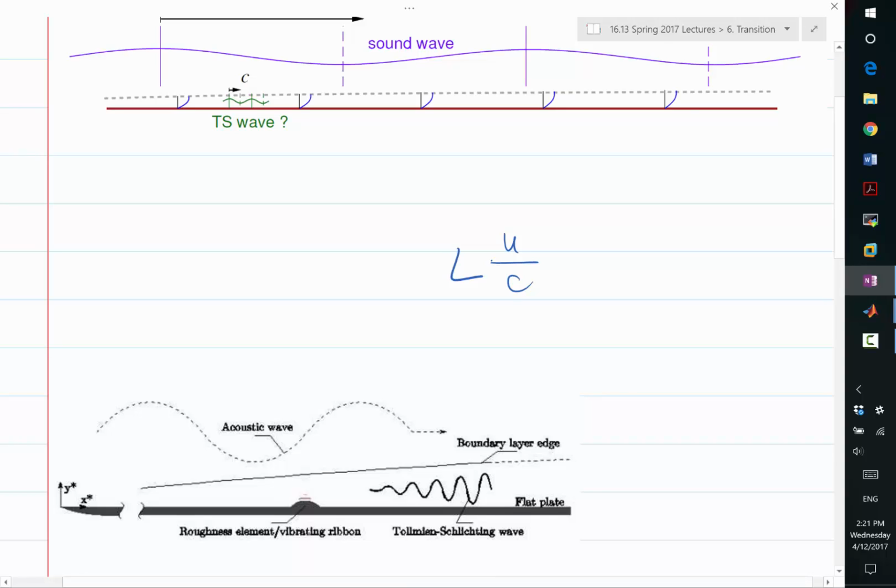So if you have a geometric feature like this, you can convert wavelengths of L into wavelengths of L times U over C. U is usually a lot smaller, so you get a smaller wave to start your TS wave growth.